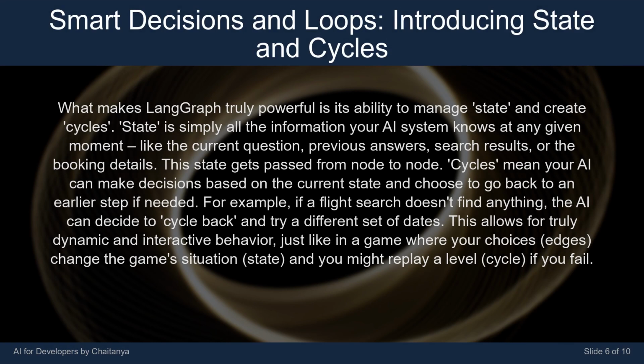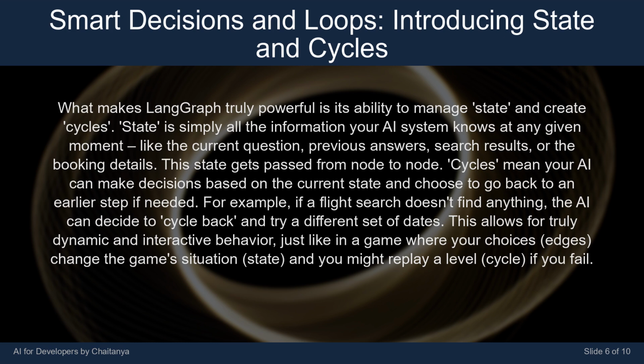What makes LangGraph truly powerful is its ability to manage state and create cycles. State is simply all the information your AI system knows at any given moment, like the current question, previous answers, search results, or the booking details. This state gets passed from node to node. Cycles mean your AI can make decisions based on the current state and choose to go back to an earlier step if needed.